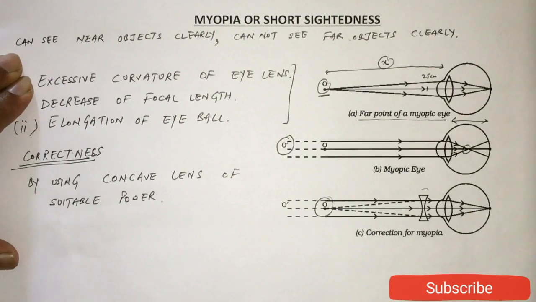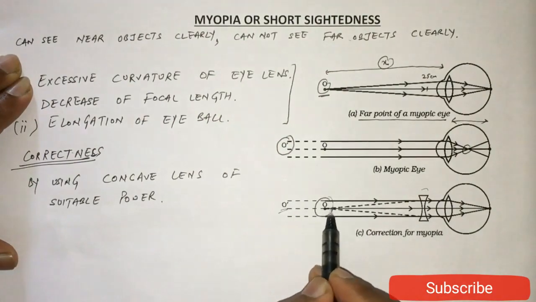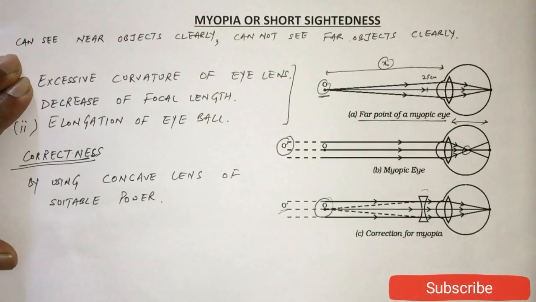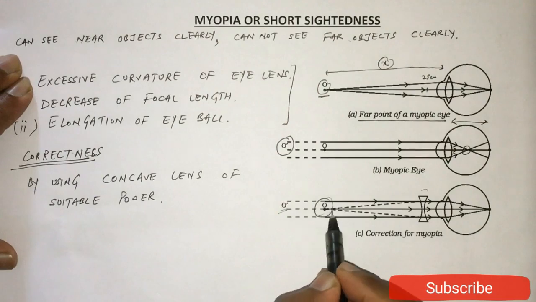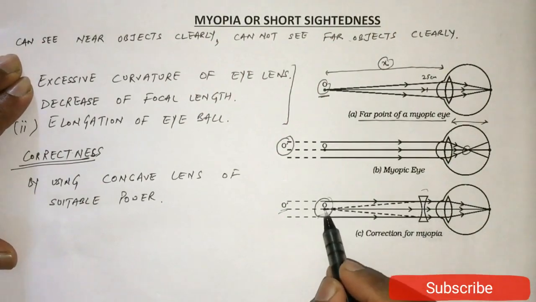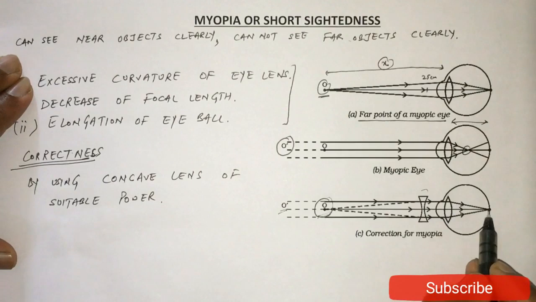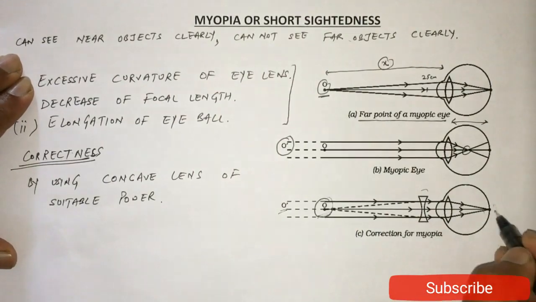I am repeating again that this concave lens forms a virtual image of this object O dash at the far point O. So if it forms a virtual image at O, in that case the image of this object will form on the retina. Is that clear?